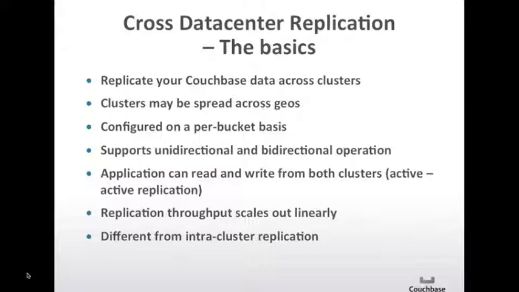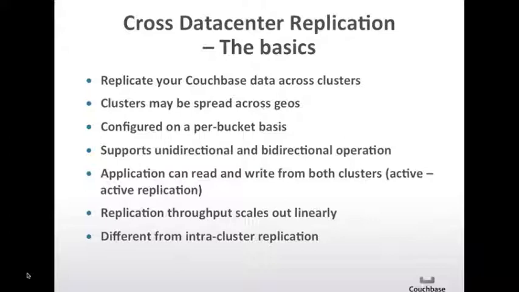When we have active-active, which is master-master configuration, your application server can do read and write operations on both the clusters. The most common question we get is, how do we handle write collisions or conflicts? We have a slide that talks about that in detail, and we have mechanisms to do conflict resolution.